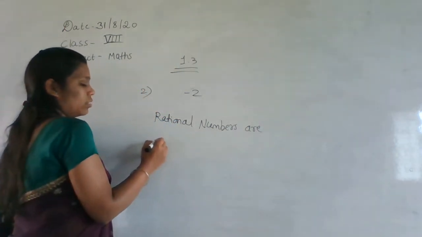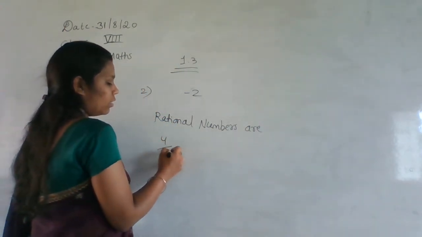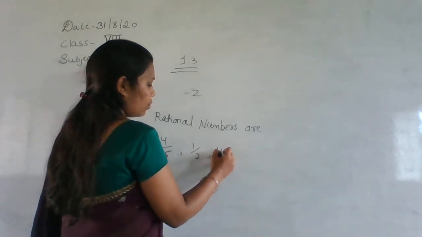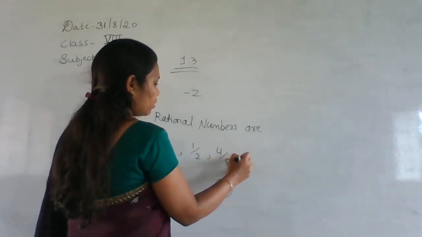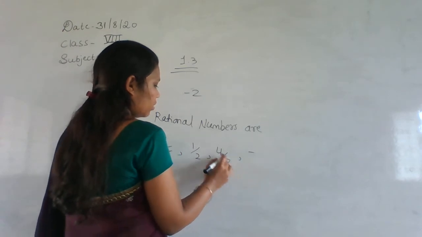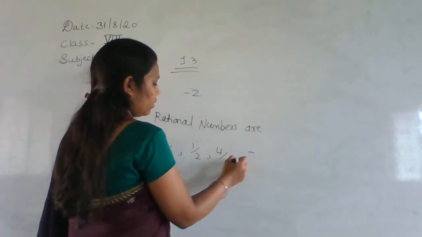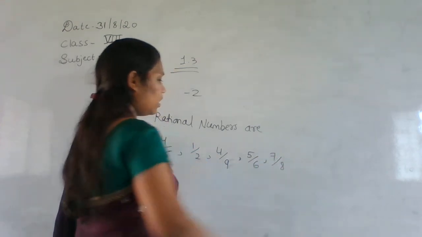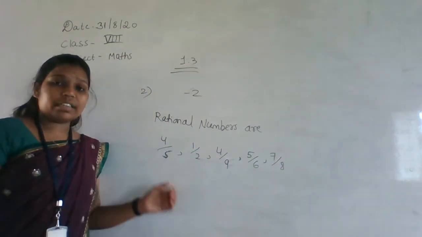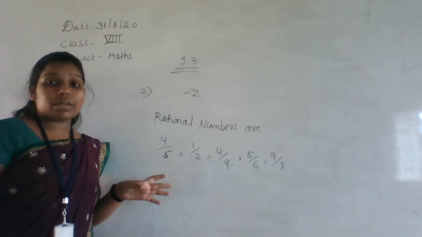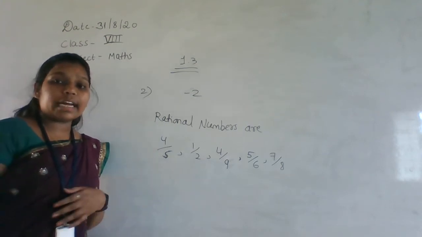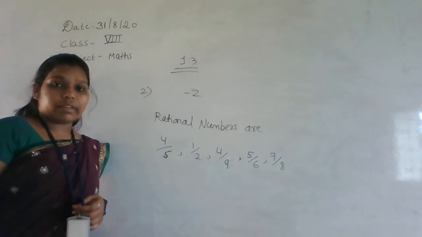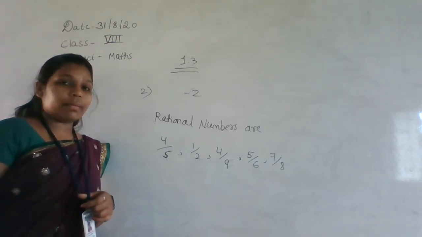Rational numbers are 4 by 5, 1 by 2, 4 by 8, 4 by 9, 5 by 6, 7 by 8. Write any number. Write any positive number you have to write. Okay, if you want to write a negative number, then write the minus 1. Minus 1. Okay, that is also greater than the minus 2.